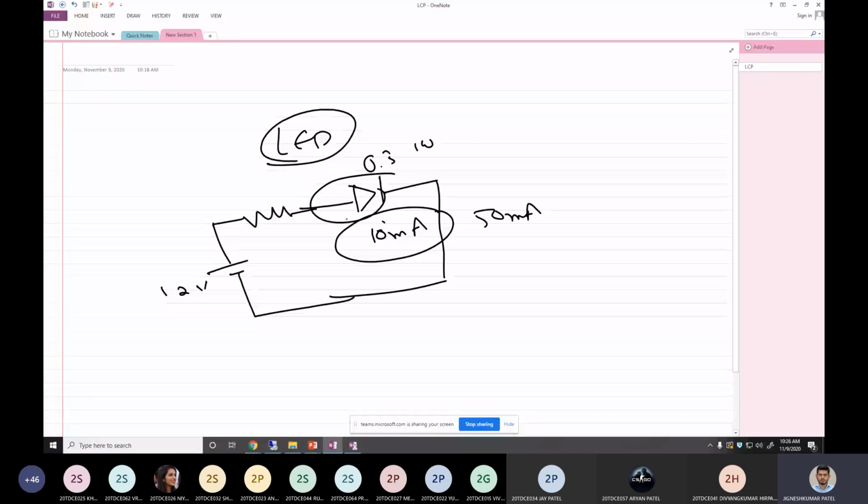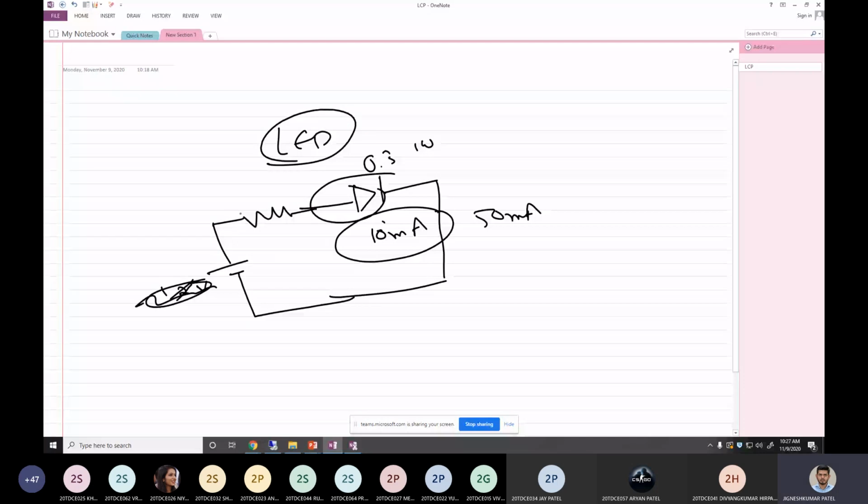We know the wattage rating, and depending on that we can find the current rating. What would be the current required? It is not always 12 volt, it depends on my design. Right now, from these two values, you won't get 10 milliampere. I'm just giving an example. So here you have to provide a resistor. Why?